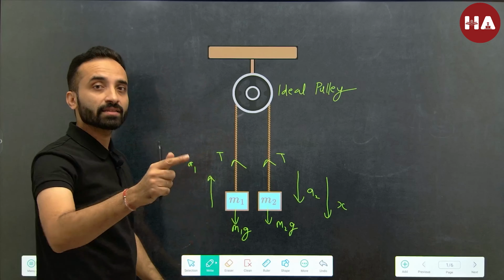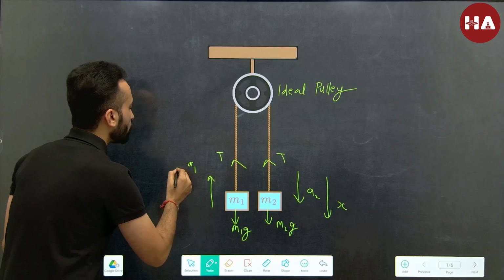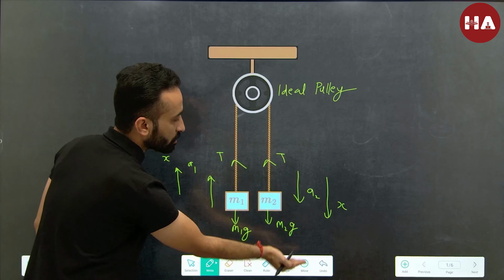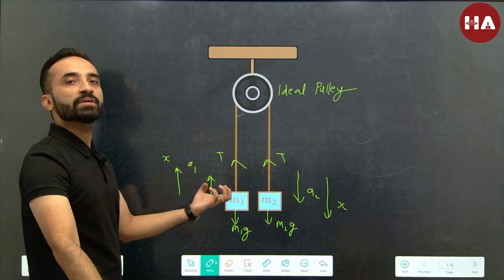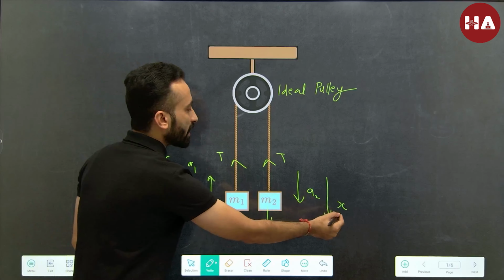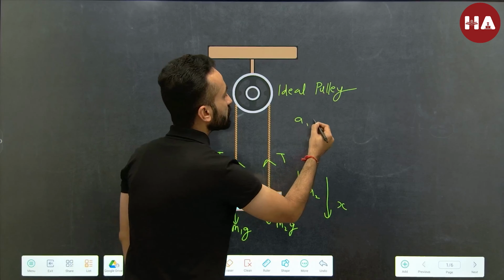But since the total length cannot change, this side has to move up by the same distance. So whatever is the gain in length on the right side has to be compensated by a loss in length on the left side.